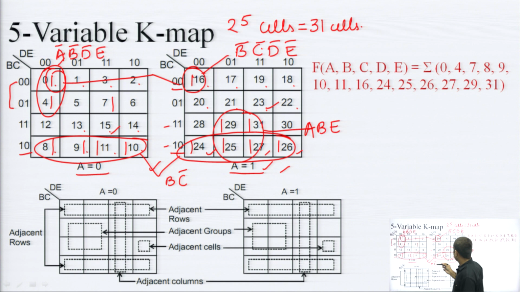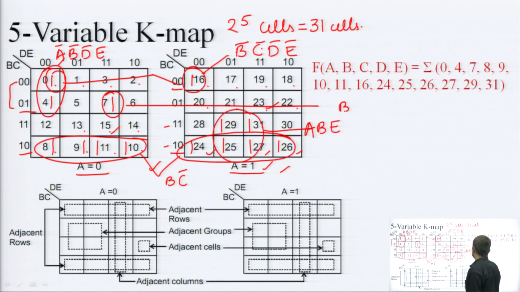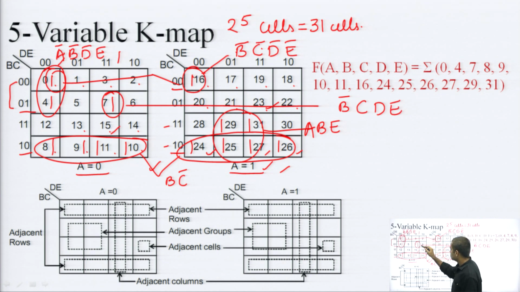The only thing remaining is this one. If I write for this one, B bar, C, and for the column I have D, E, and this group is only formed in the first K map. So there will be an extra A bar here.